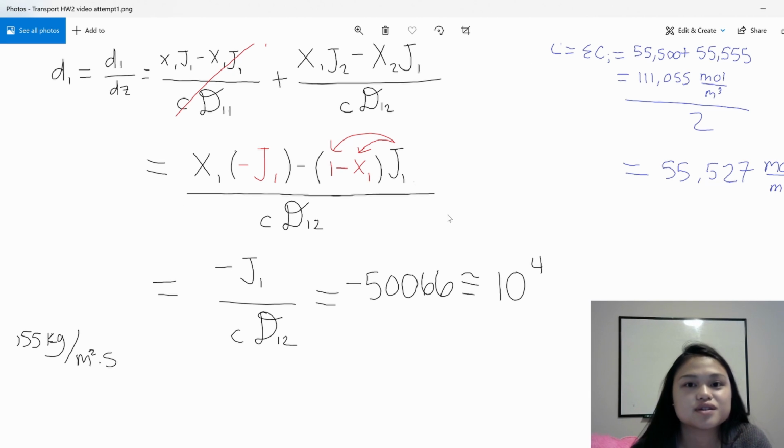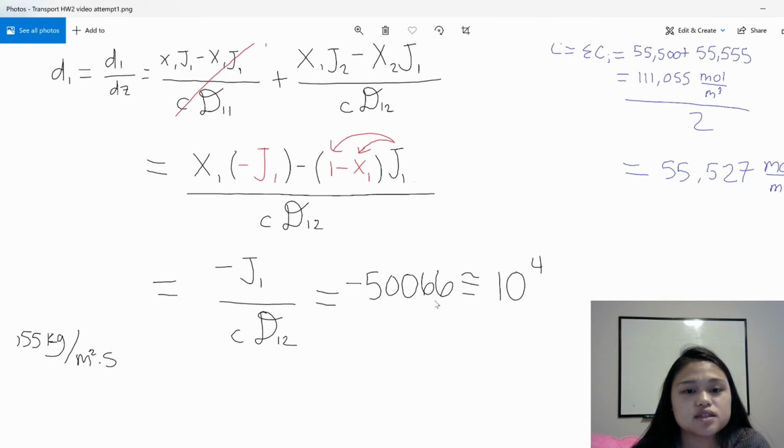That was a tongue twister. So then you're left with a negative molar diffusion flux of 1 all over the total molar concentration, multiplied by what we're subbing in, the diffusion coefficient for components 1 and 2.